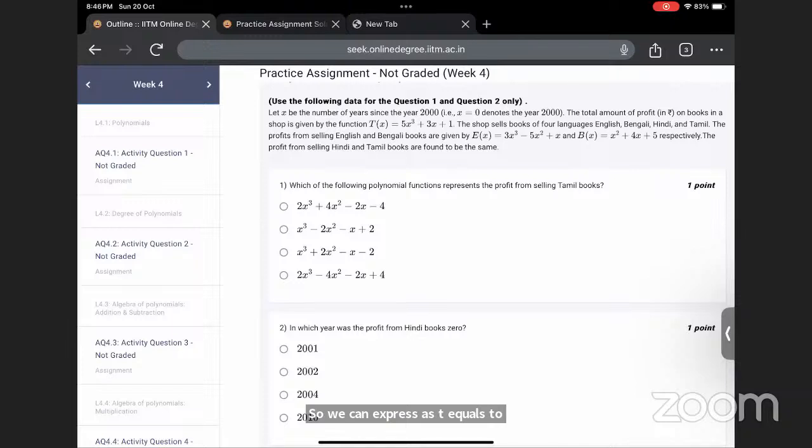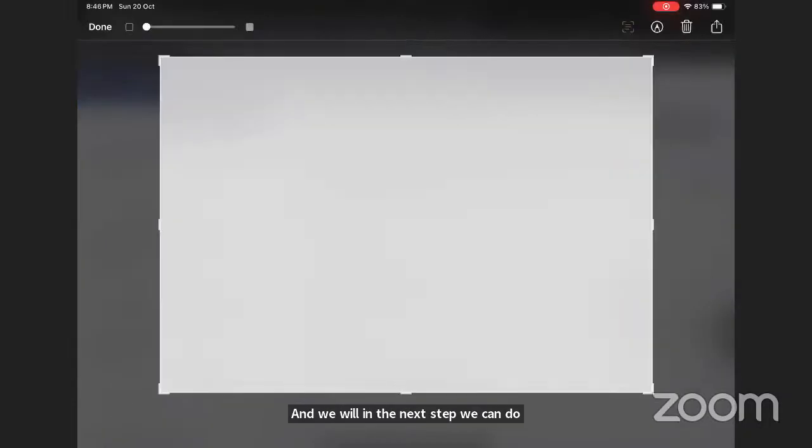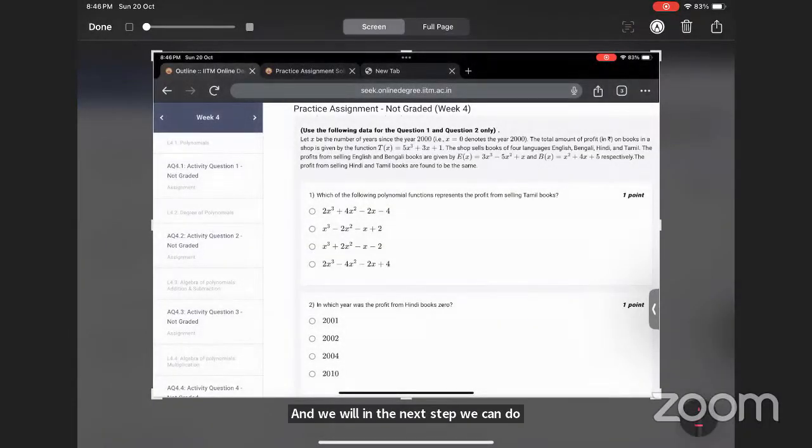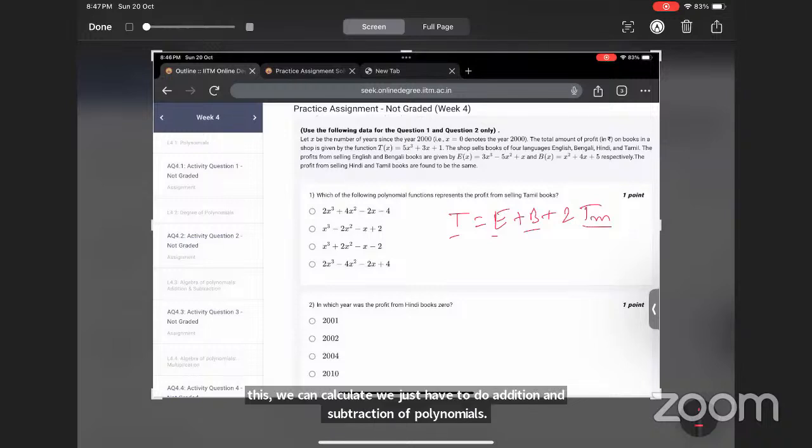Then in the next step we can write total equals English plus Bengali plus 2 into Tamil, right? Then we have this equation, and this equation. From this, we can calculate. We just have to do an addition and subtraction of polynomials. Then from this, we can calculate T(x). Is that clear? Yes, ma'am.